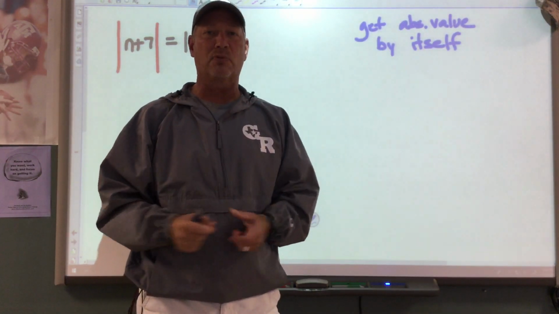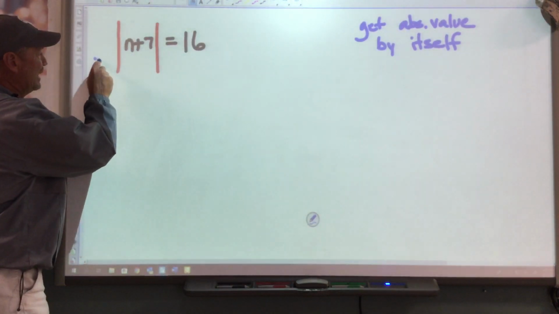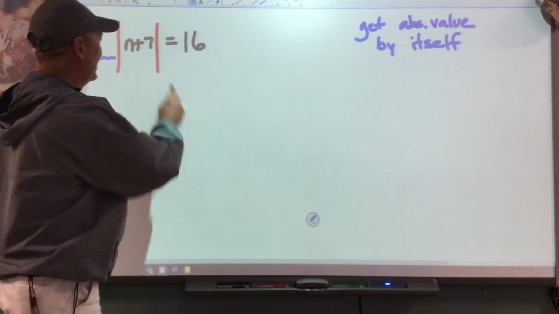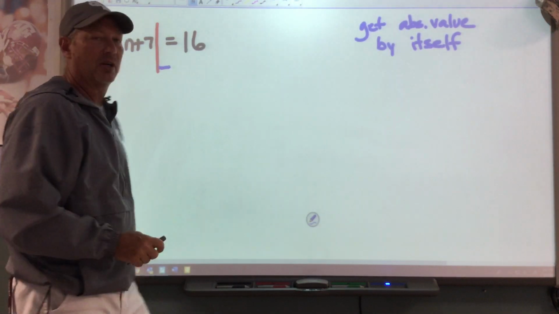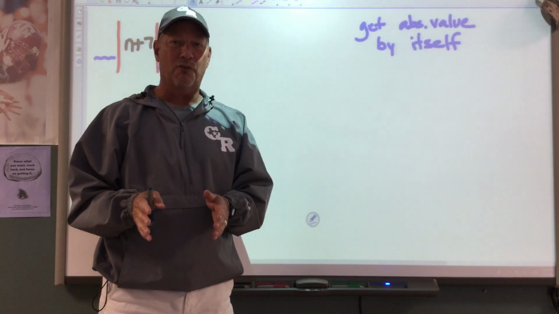You've got to get your absolute value by itself. Meaning, is there anything in front of my absolute value? No. Is there anything behind it right here? No. So my absolute value is by itself.